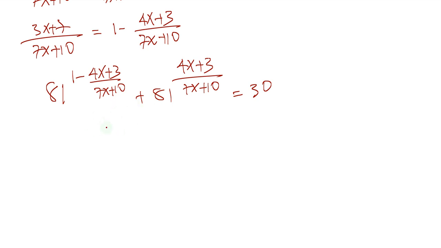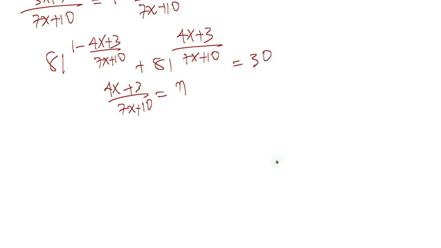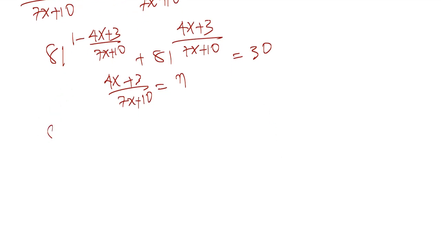So let's say that (4x plus 3) over (7x plus 10) is equal to n. So if this is n, it means that I have 81 to the 1 minus n plus 81 to the n equals 30.